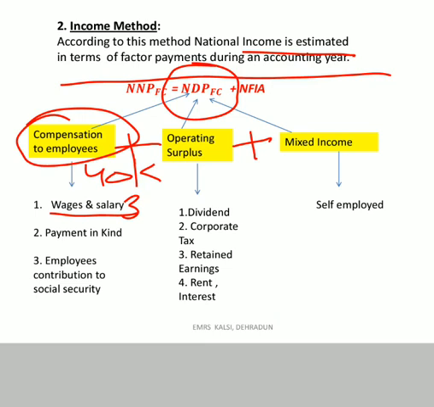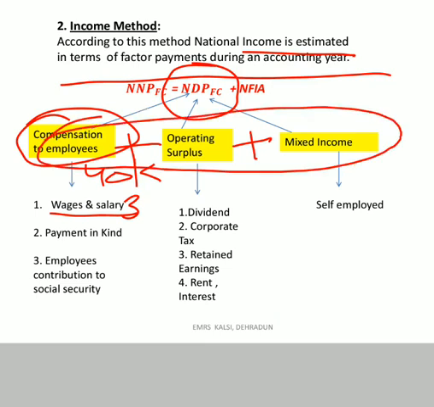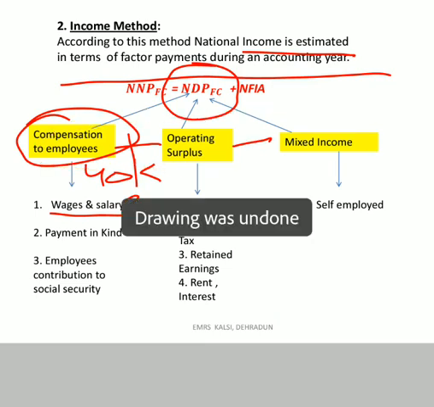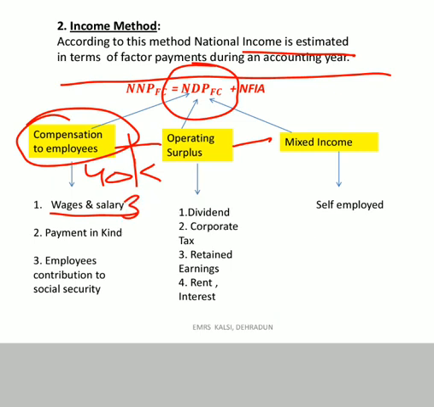By adding these three we get NDPFC, or domestic income. After getting domestic income we add NFIA, net factor income from abroad, and finally we get NNPFC, or national income. So this is the second method in which we add the incomes from various sources of various people, and then calculate the national income.